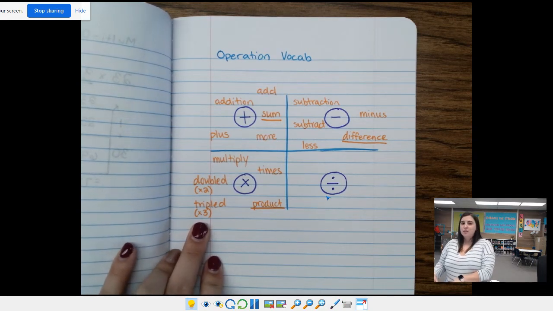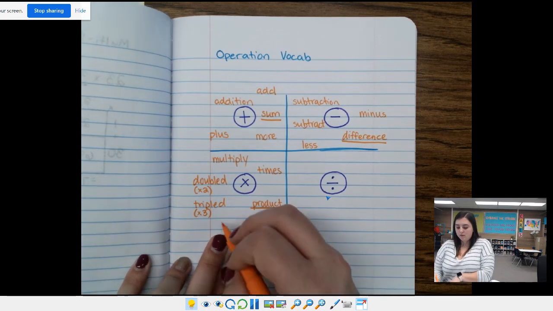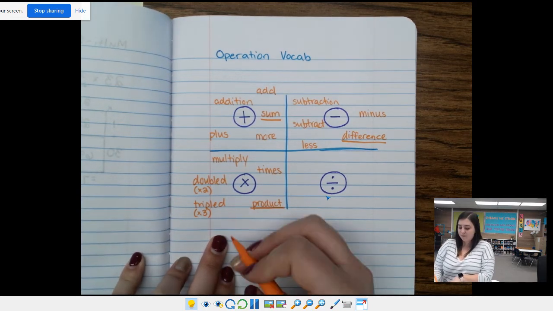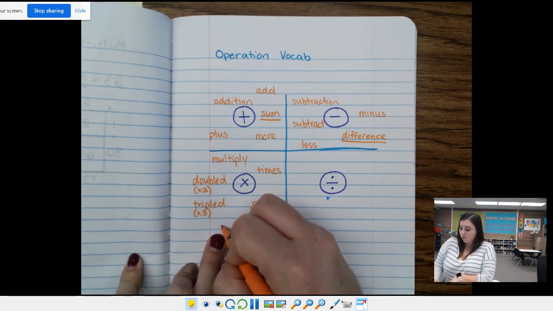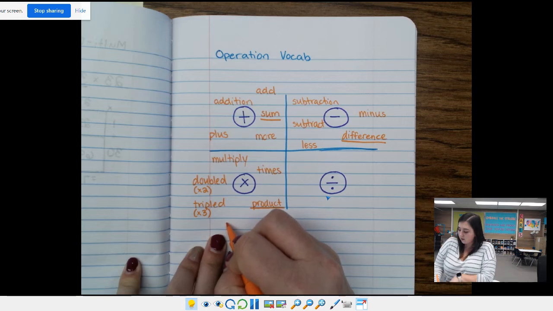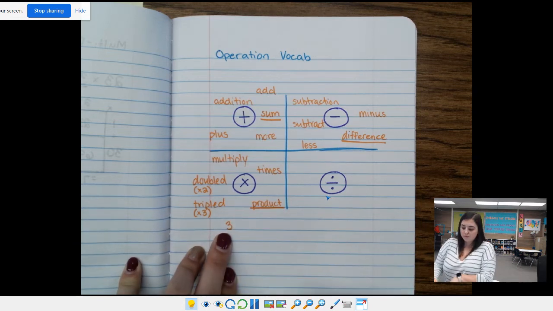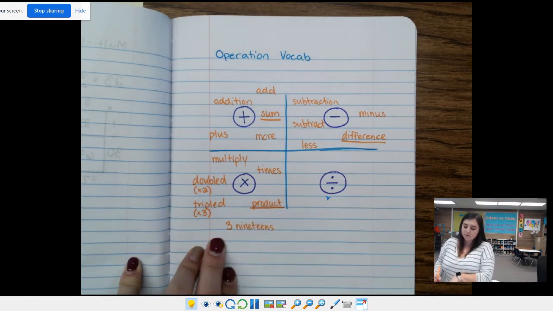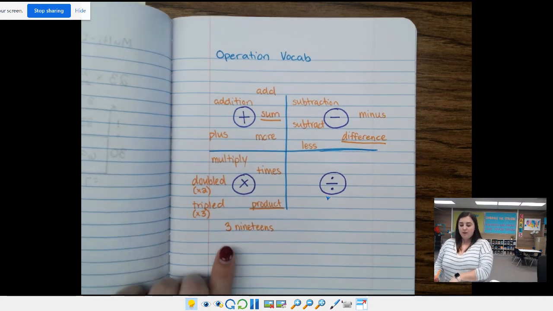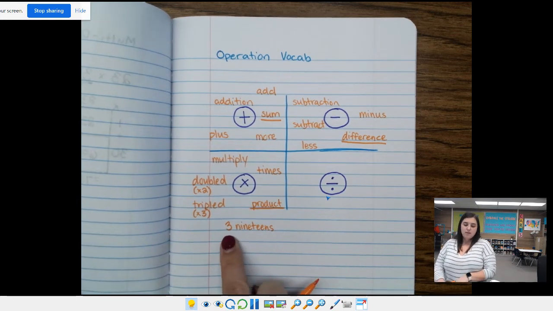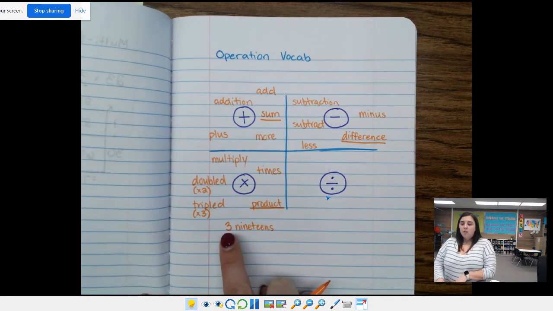And the last one, and this one's a little funny. We won't be using this for probably until next week, or maybe this is over winter break. So one other way you could show that you mean to multiply is by writing something like 3 19s. That's kind of funny. 3 19s, or it could be any number. 2 15s, 6 20s, 4 8s.